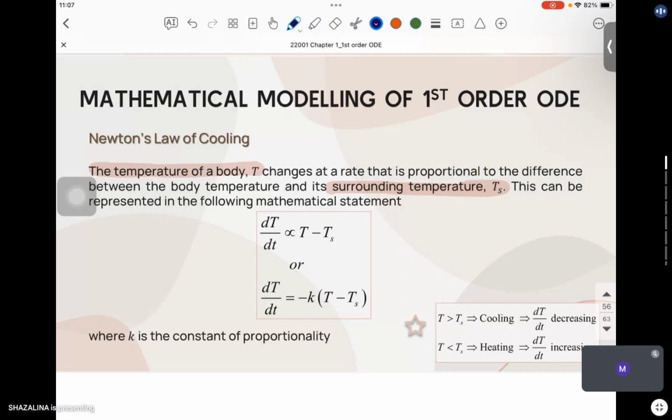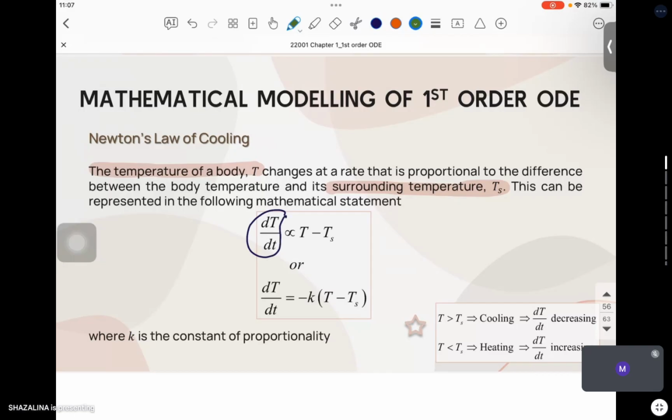Okay. Mathematically, kita boleh tuliskan this statement ni in a mathematical equation. The temperature of the body change at a rate. Okay, this is represent as dT, d small t.